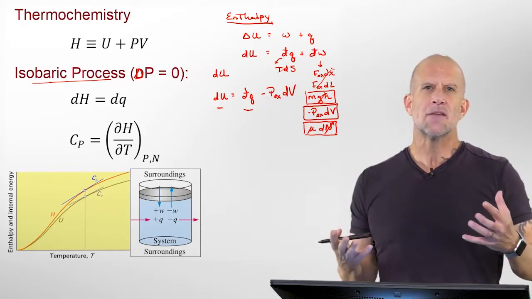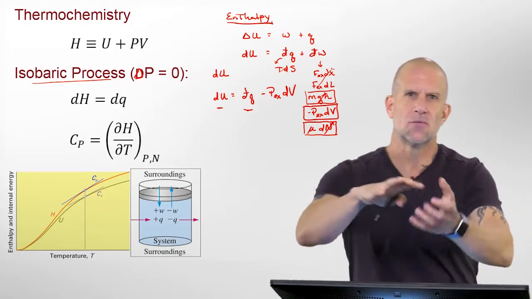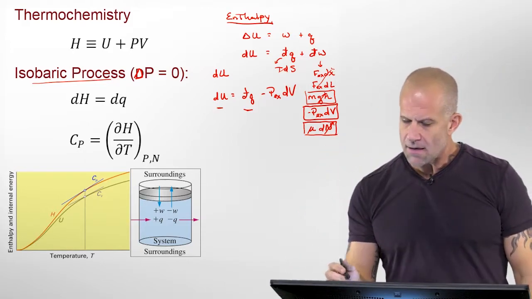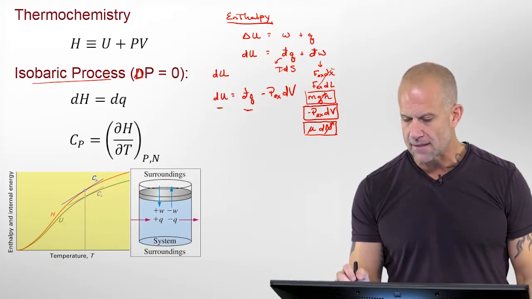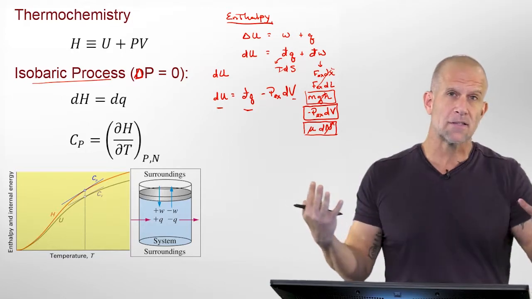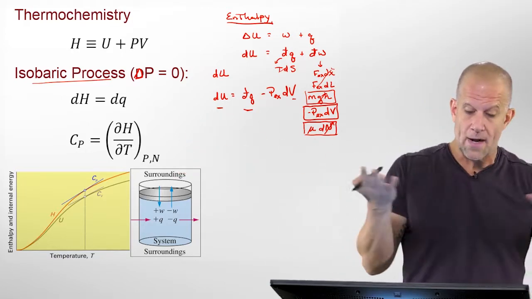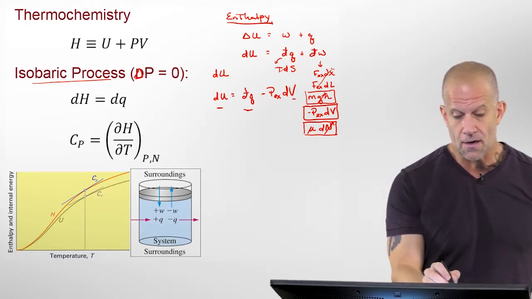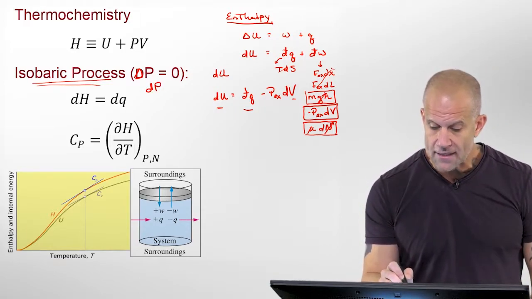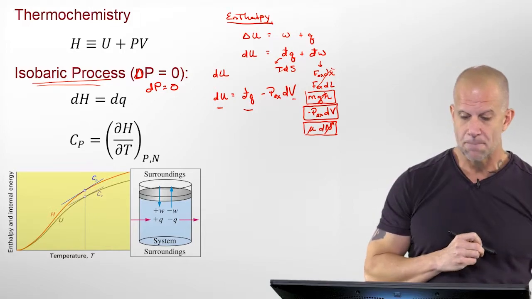But if we think of what we're doing with gases and phase changes, it's not convenient or common to do things at constant volume. It's much more common to do things under constant pressure, at 1 atmosphere, or under isobaric conditions, where the change in pressure is 0.